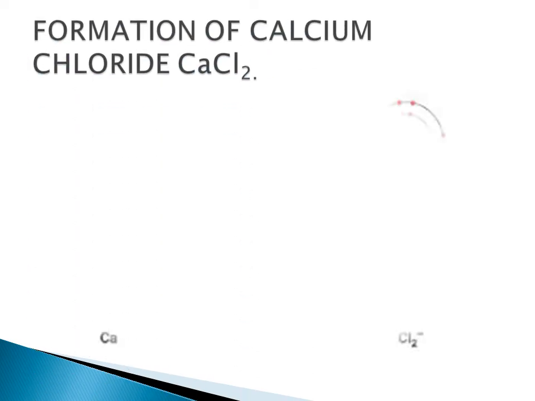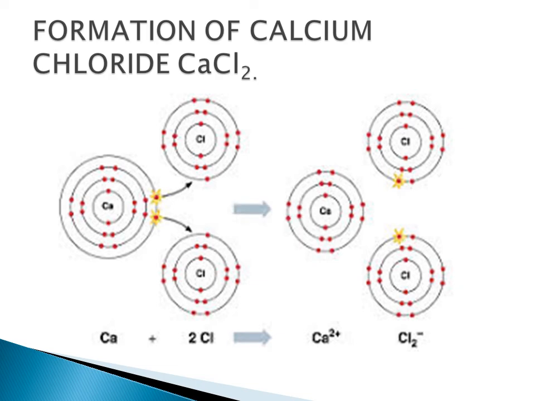This diagram shows the formation of calcium chloride molecule, CaCl2 molecule, which is an electrovalent compound. In the diagram you can see that calcium, which has 2 valence electrons, gives its 2 valence electrons to the chlorine atoms, one to each, and forms Ca2+ ion.